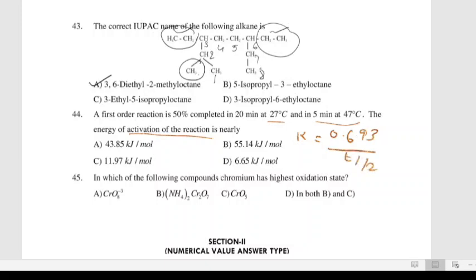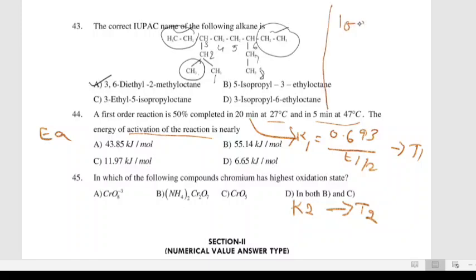So if we substitute at different temperatures, K1 at the temperature T1, and K2 at the temperature T2, then you will get K1 and K2 values. After getting the K1 and K2 values, how to calculate the Ea value? See, we have the formula.